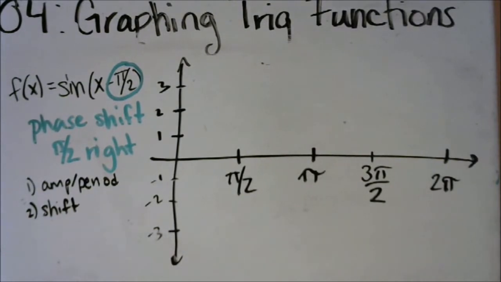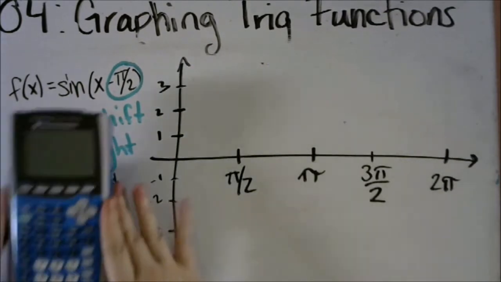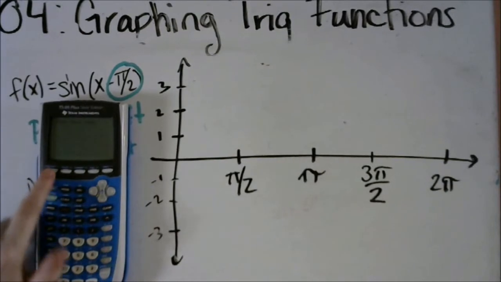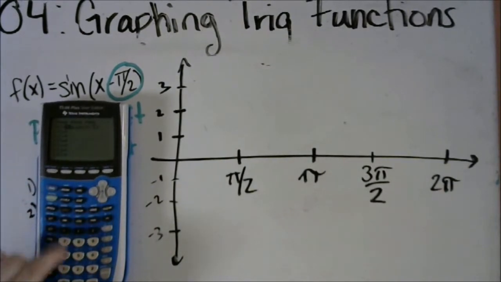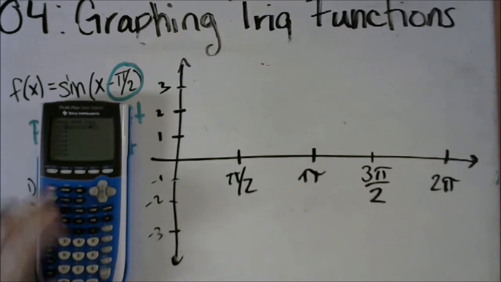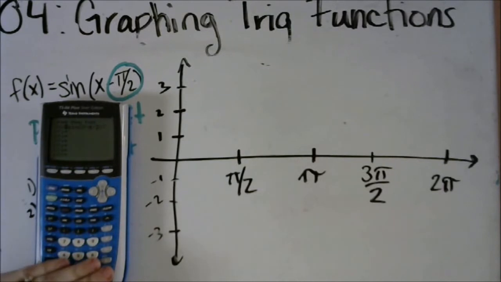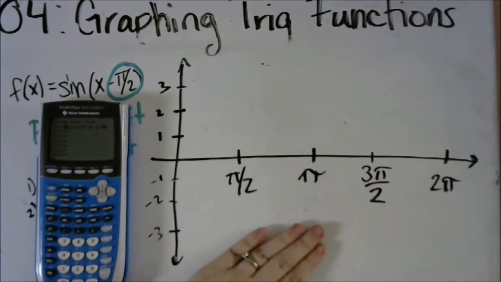Keep in mind, you should also be using your technology and getting an idea of what the picture will look like. So that's what I'm going to do now. Y equals sine of x minus pi over 2. Make sure my window settings are set to my x and y axis.